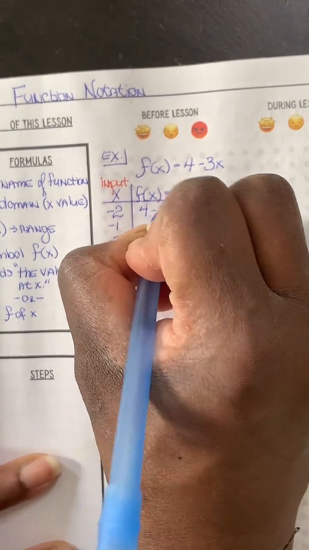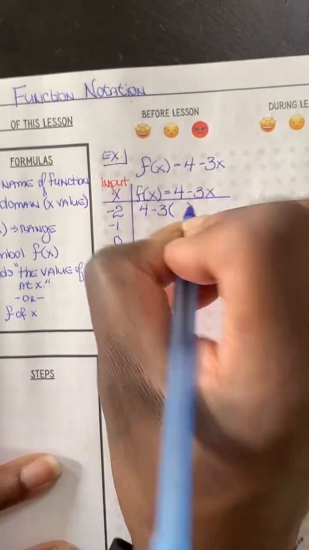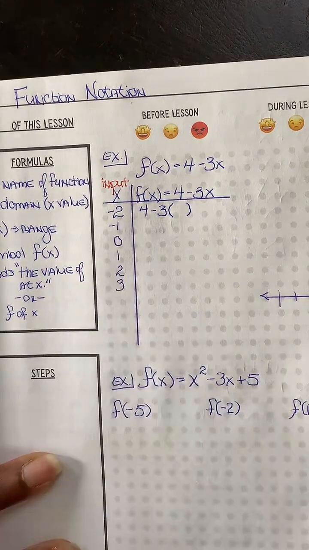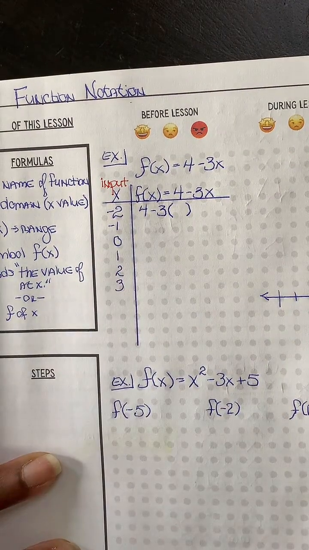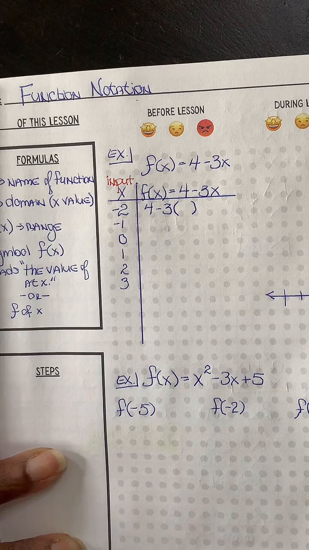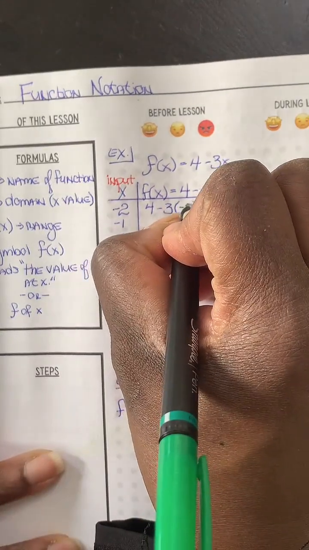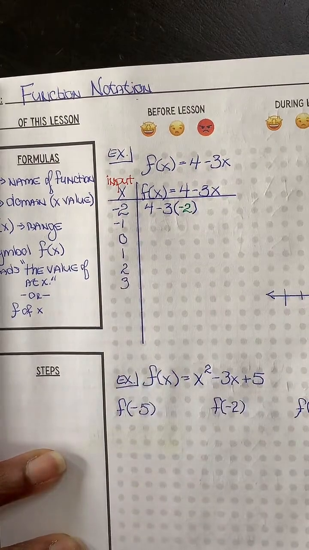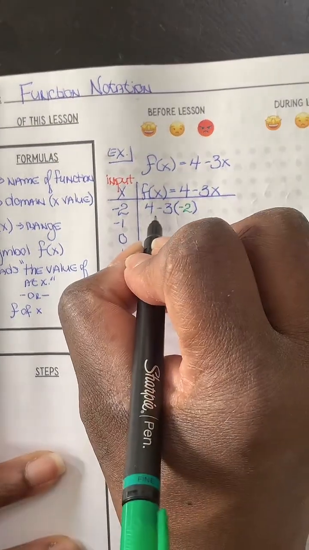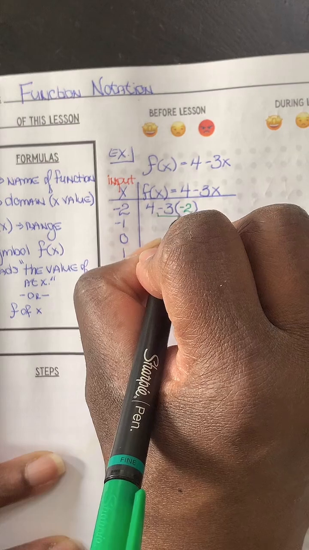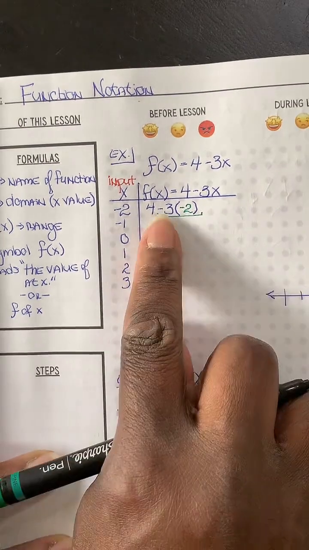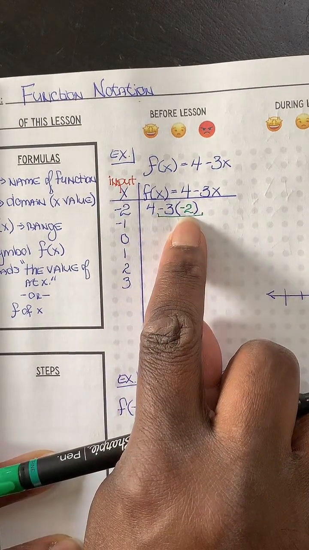That's all you're doing. So if I'm taking a look at 4 minus 3x, but instead of an x, for the first value, they say we need to put a negative 2. So I'm going to fill in a negative 2 in here. So now we need to multiply what's happening right here. So negative 3 times negative 2.